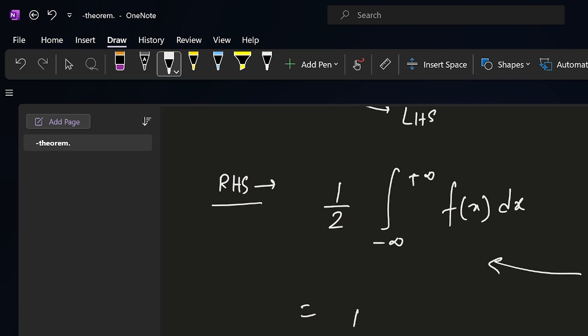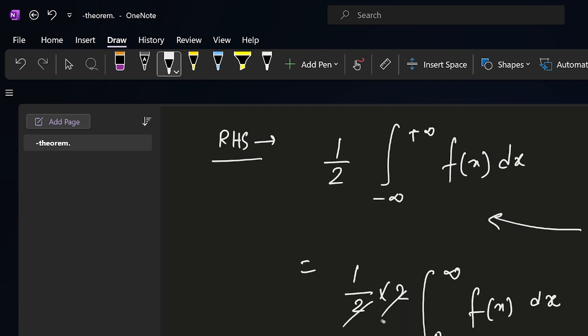So instead of minus infinity to plus infinity, we get 2 times 0 to infinity, because f(x) is an even function. Otherwise it cannot be true. So this can be done.